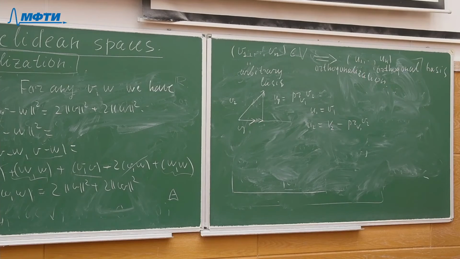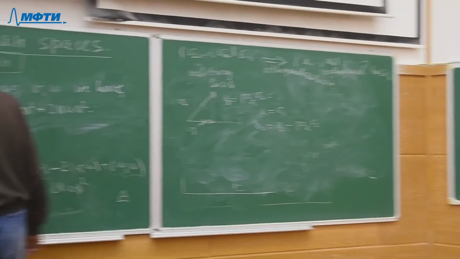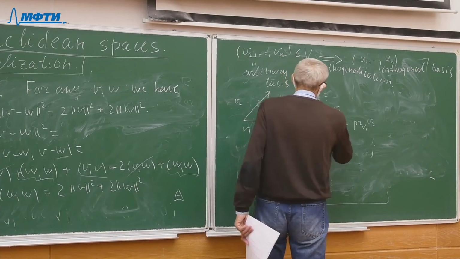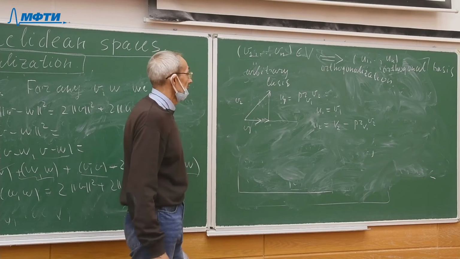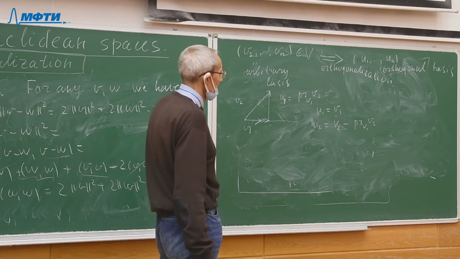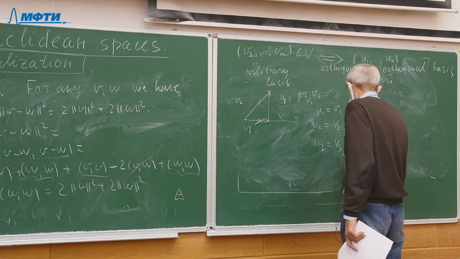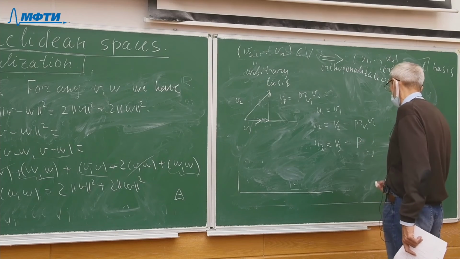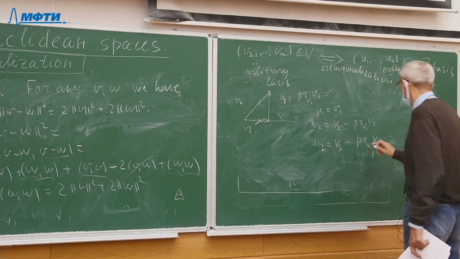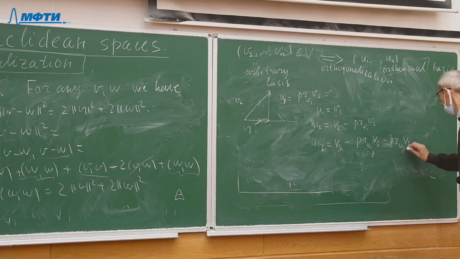these two vectors are orthogonal. And after them, if we have some arbitrary basis in three-dimensional vector space, we can define, first of all, u1 is vector v1. u2 we can define as the difference between v2 and the projection of v2 on v1, and u3 we can obtain as v3 minus the projection of v3 on u1 minus the projection of v3 on u2.